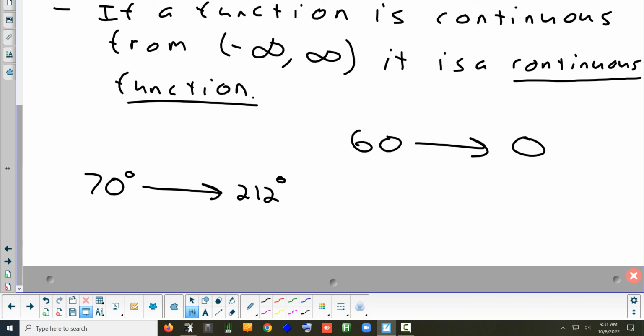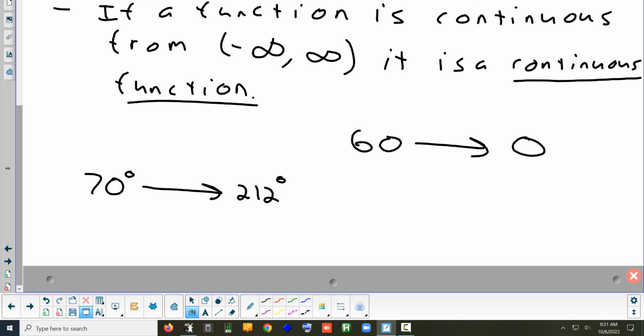Would that be continuous? What do you think? That's continuous. There is a time when you were exactly 50.2 miles away, or 49.3716. You're going to go through every possible distance from 60 miles away all the way down to 0 miles away. That's continuous.